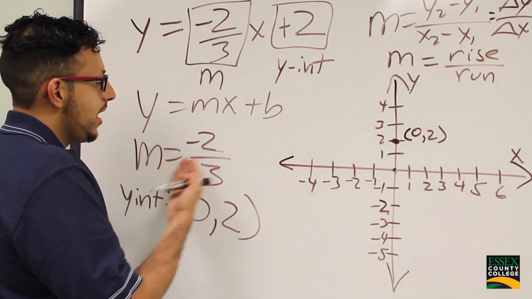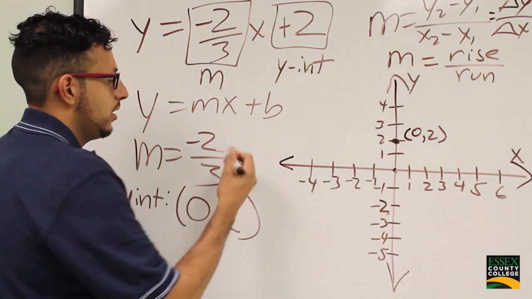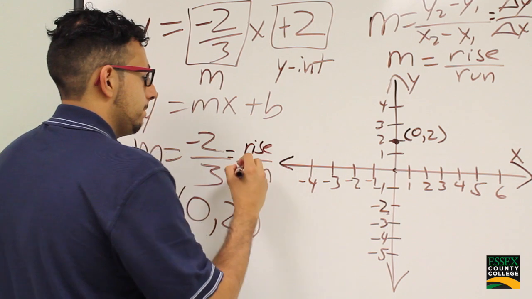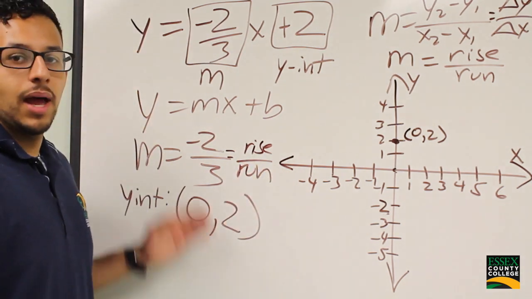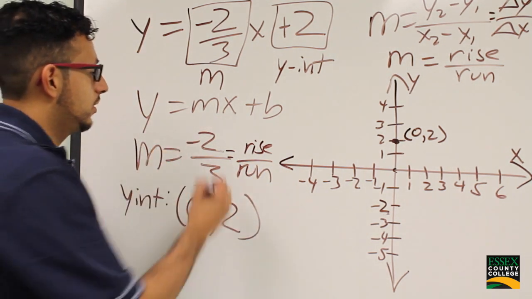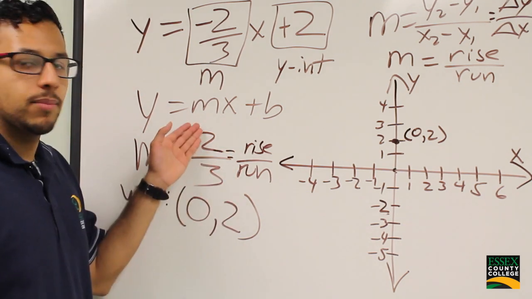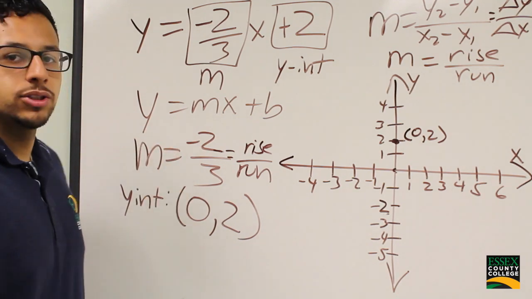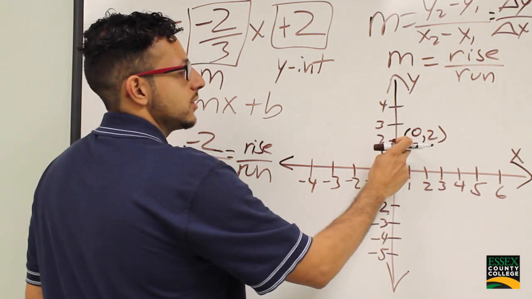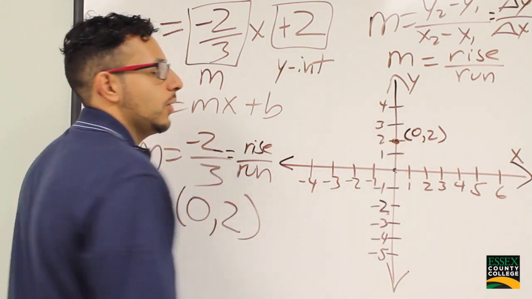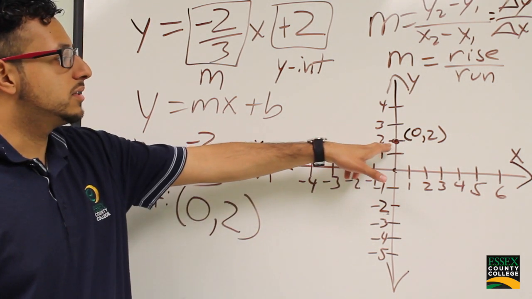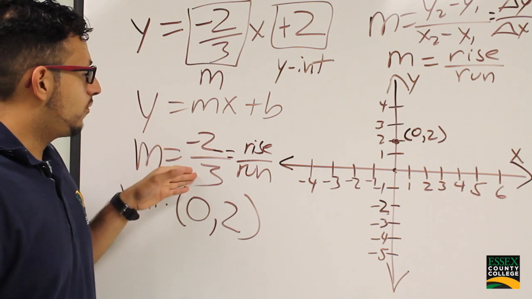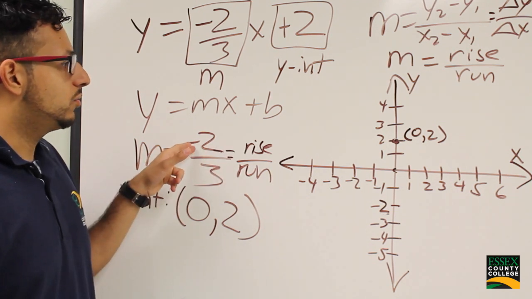So we have our m is negative 2/3. This is just the rise over the run, so we always start off with the top. We always start at the y-intercept, so we start at this point, (0, 2). The slope says negative 2/3, so we're going to rise negative 2.